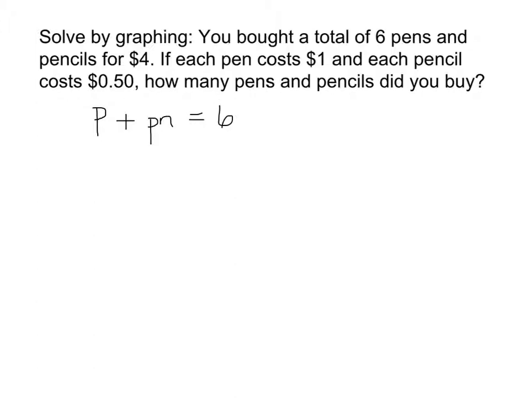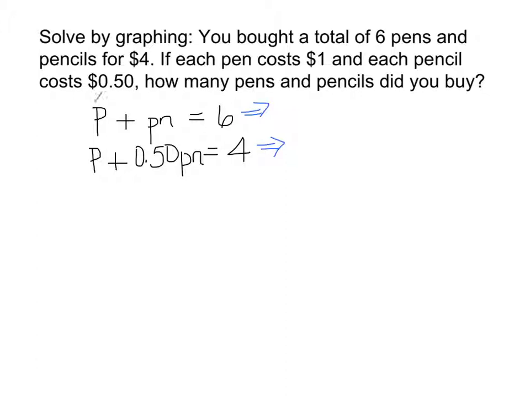If each pen costs $1, so that's 1P, plus each pencil costs 50 cents, that's 0.50. And we know the total we spent was $4. How many pens and pencils did you buy? Since they didn't say which one is X and which one is Y, it doesn't matter. So I'm going to get them both in slope-intercept form.